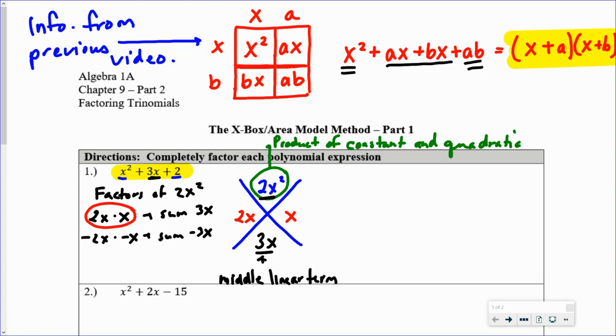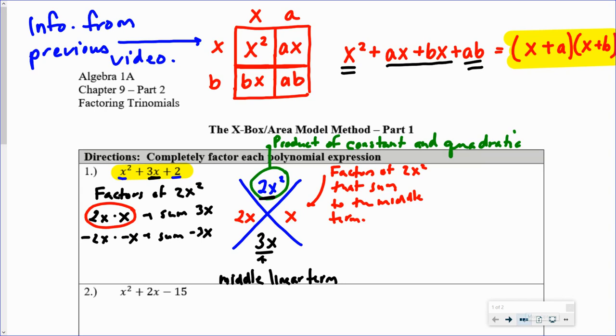Now these middle numbers are factors of 2x squared that sum to the middle term. Okay?